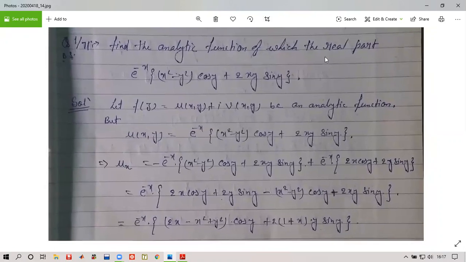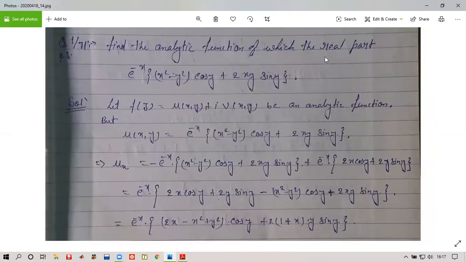Now, let us solve some more problems. We know that any complex function has a real and an imaginary part, and the function is said to be analytic if it satisfies the CR equations, and it is also continuous and differentiable. If the function is analytic, then knowing one part we can find the other.